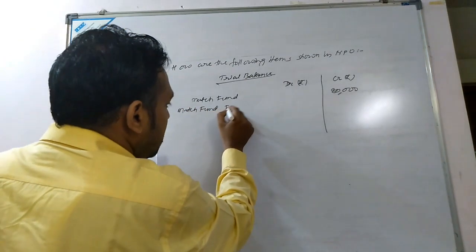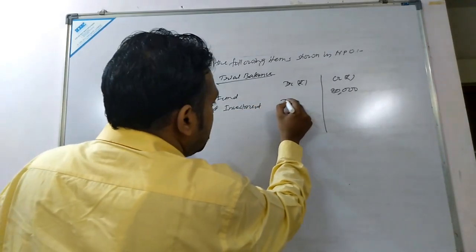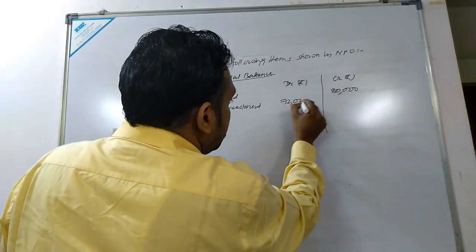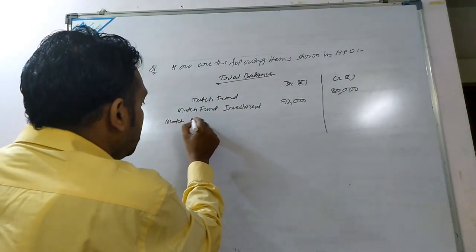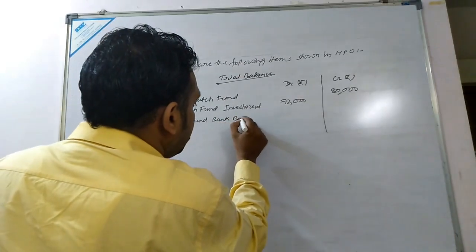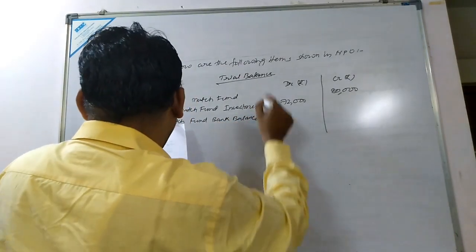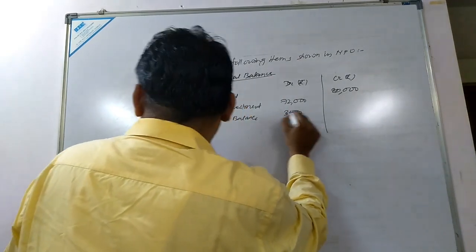Then match fund investment has been given, 72,000. Then match fund bank balance, 3,500.